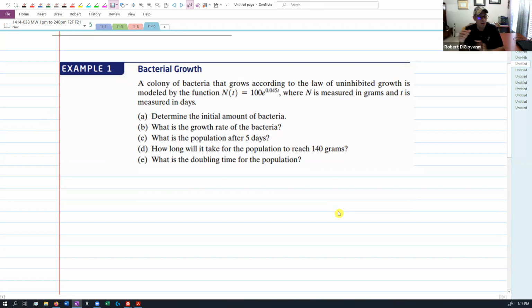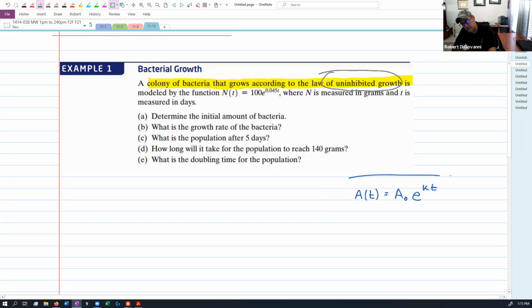They're looking at this colony of bacteria, and they say that the colony is growing according to the law of uninhibited growth. So they're telling us that the model for this is A(t) = A₀e^(kt). They're telling us that it follows this model right here.